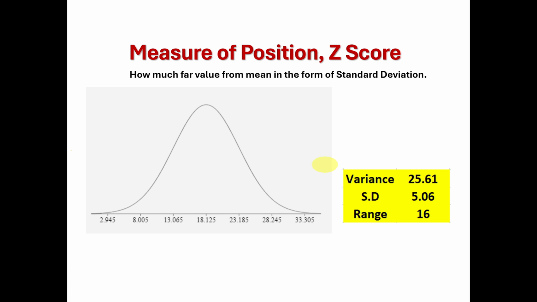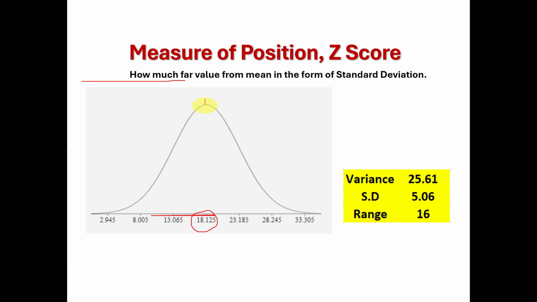Now let's learn more about the z-score. What is z-score? Z-score is how far a value is from the mean in the form of standard deviation. So z-score tells us how far a value is from the mean. This is the mean, for example, in this case, 18.125.